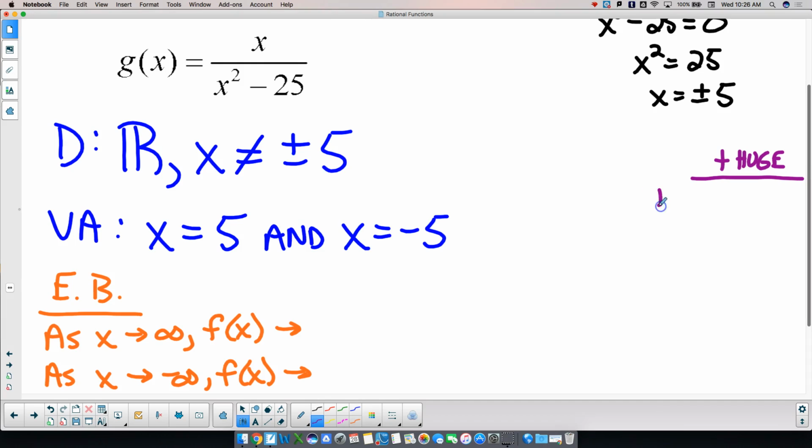So it's going to be a positive, huger number, and then I'm going to subtract off 25, which again is like taking 1 grain of sand off of the beach. So I'm going to have a positive huge number divided by a positive much bigger number. That's going to be 0 from above because they're both positive.